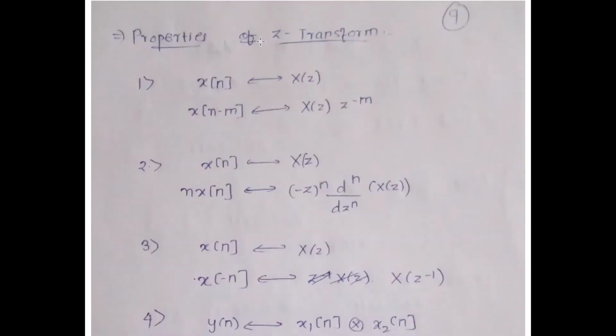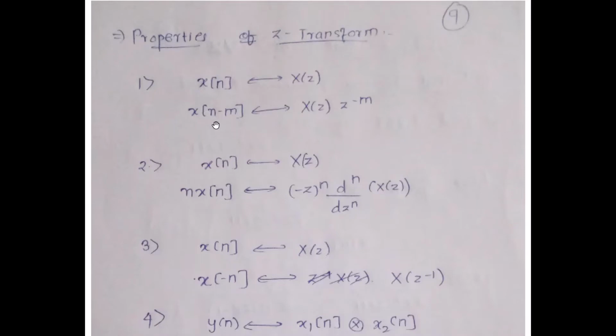So I hope I'm very clear with this. So let's start with the properties of Z transform. What does the property of Z transform say? X of n is basically a discrete signal, whereas x of t is a continuous time signal. So x of n produces x of z.